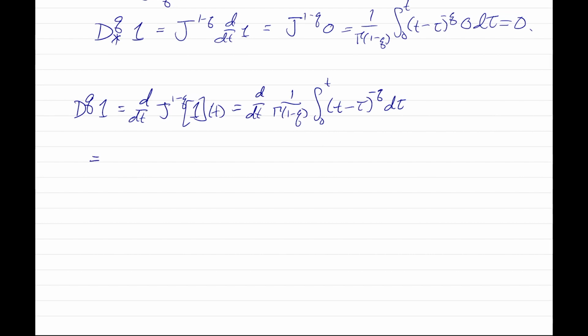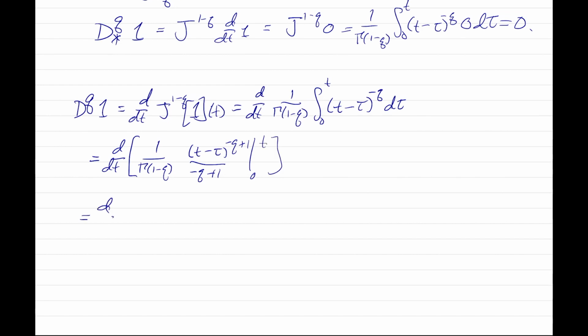So this is going to give me d/dt of 1 over gamma of 1 minus q times (t minus tau) to the minus q plus 1 divided by minus q plus 1, evaluated at 0 and t.